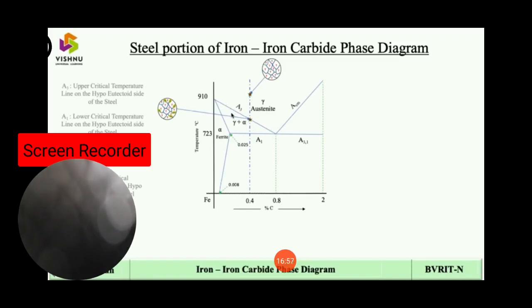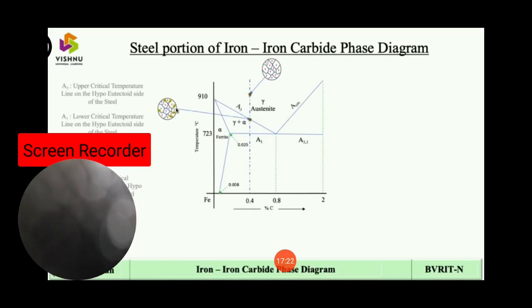Now, in order to change from FCC gamma iron, austenite, the carbon which is present in the interstitial solid solution has to come out first, and they have to dissolve only 0.025 percentage of carbon and form alpha iron, like shown in this case.